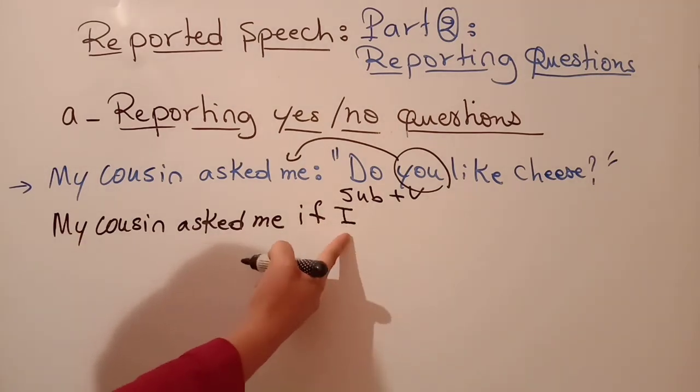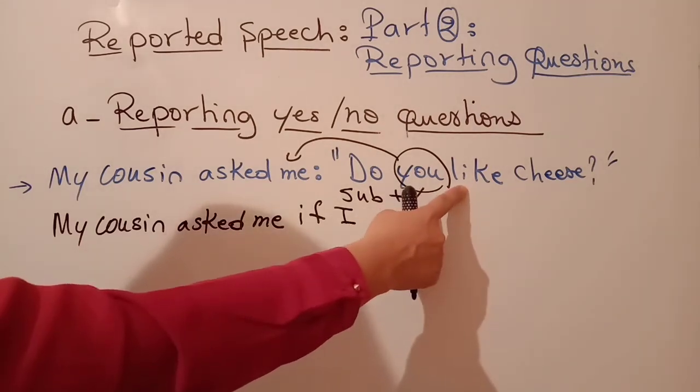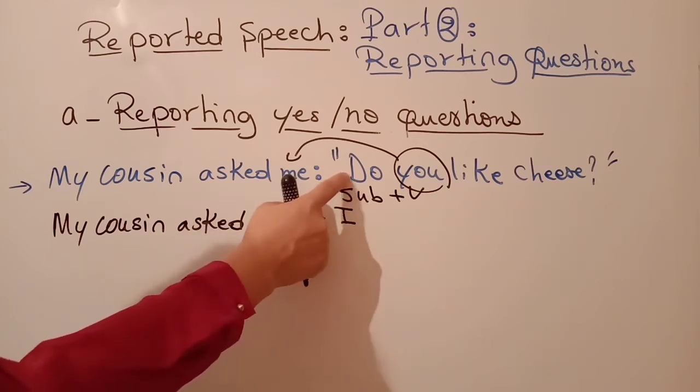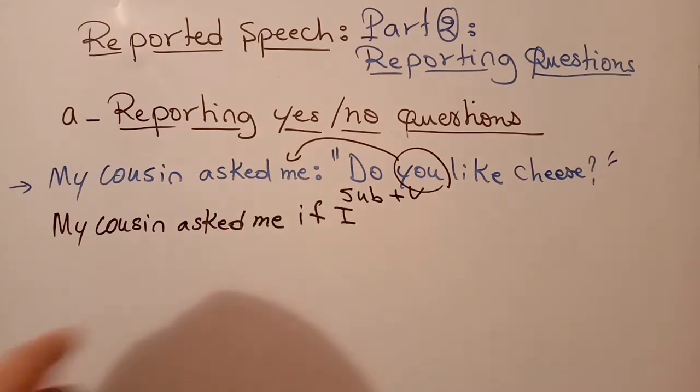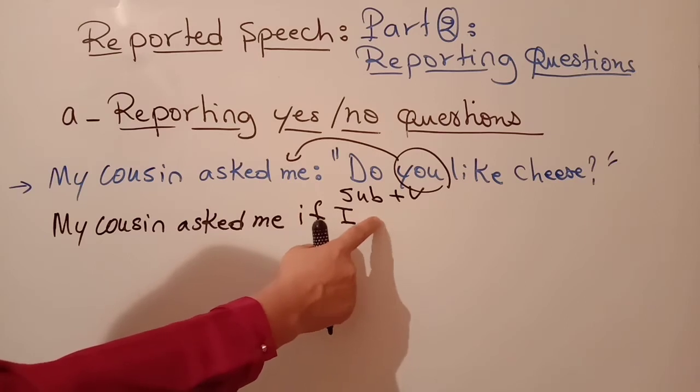If I. What is the verb? The verb is like. What is the tense? The tense is simple present. You have do, so if you have do or does, the tense is present simple. So I need I plus verb.